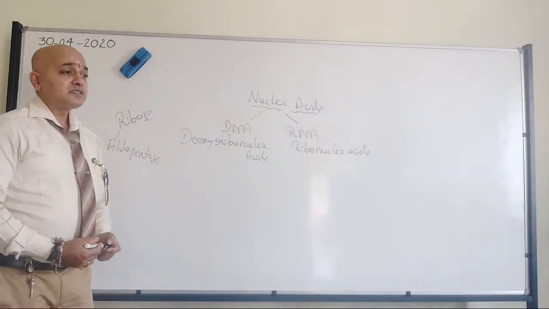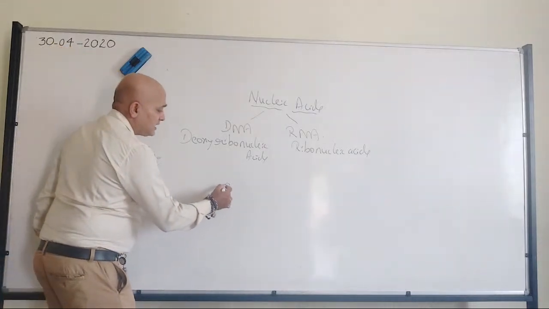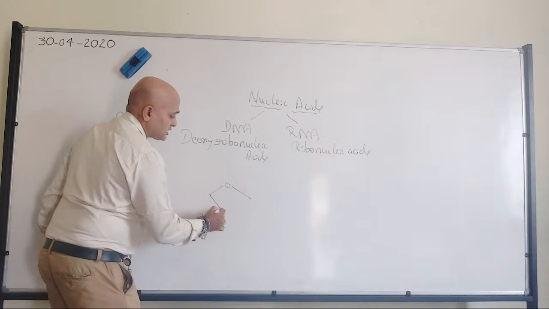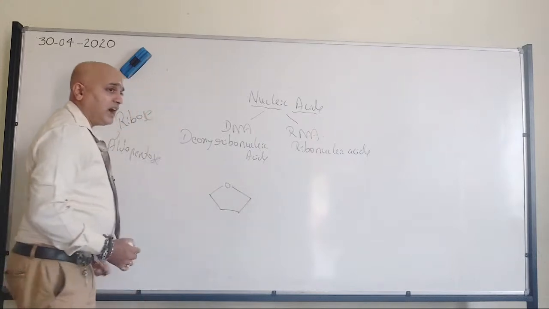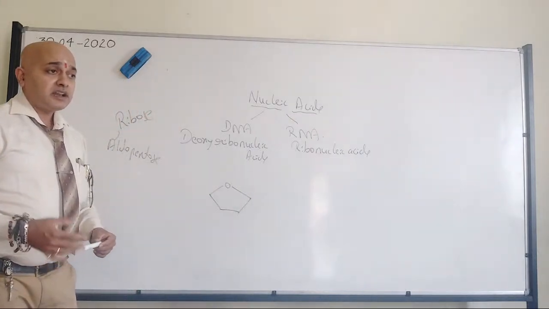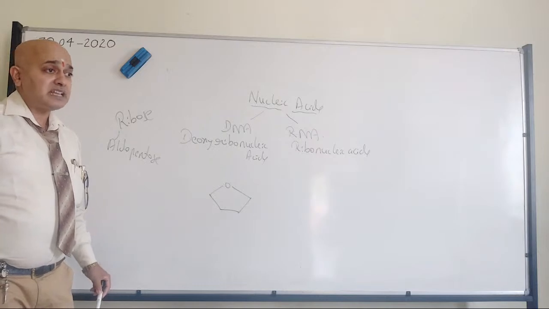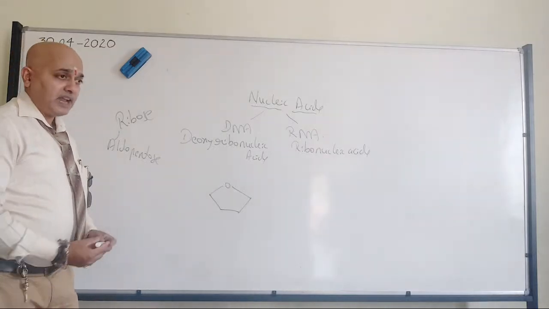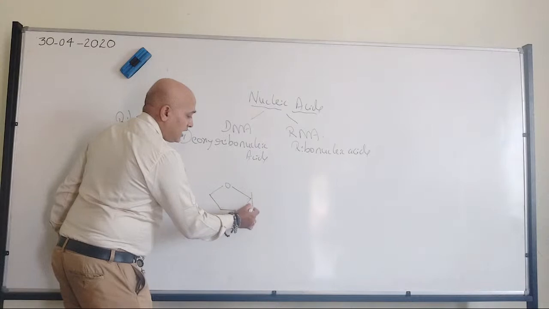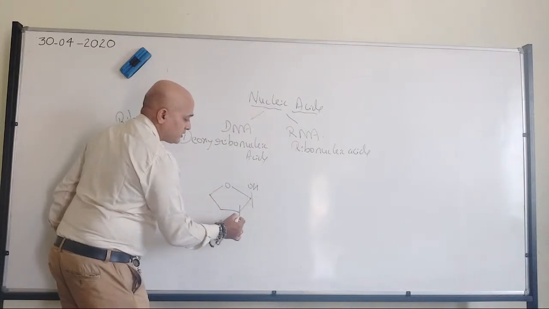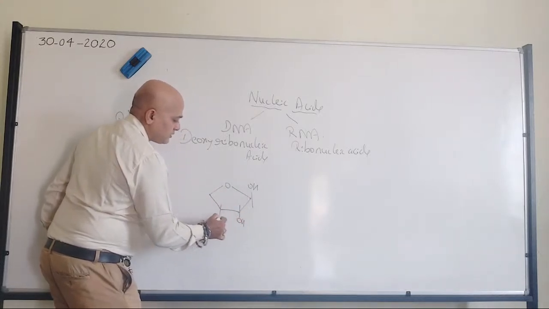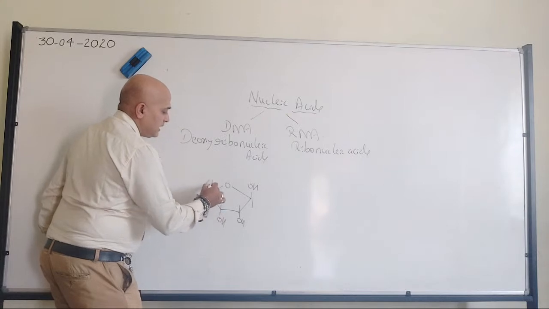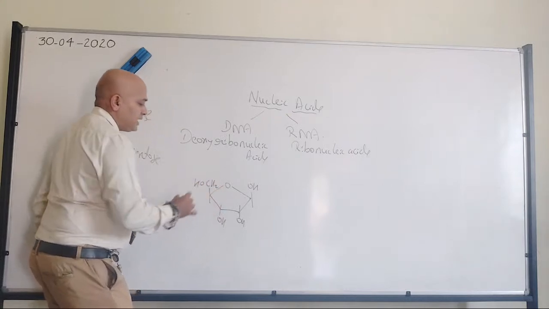Fine. So now, if I write the cyclic structure like glucopyranose we have, in the same way ribose also can have a cyclic structure. That's what I am writing here. So I have OH, OH, OH and CH2OH.